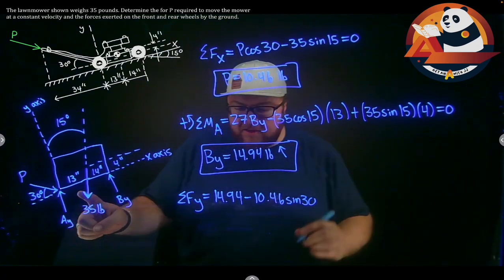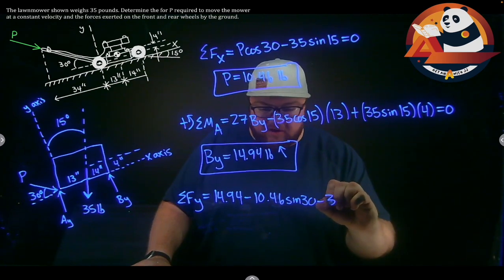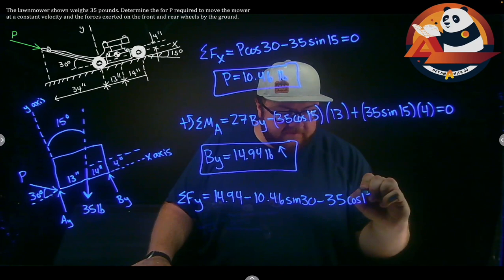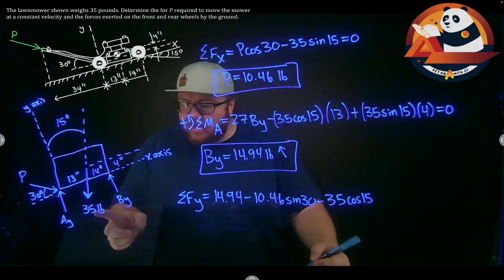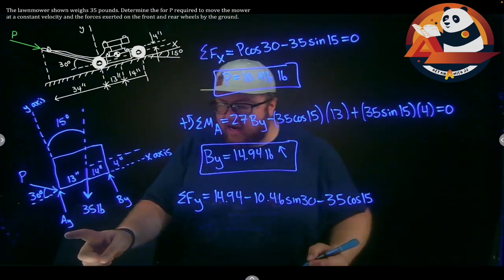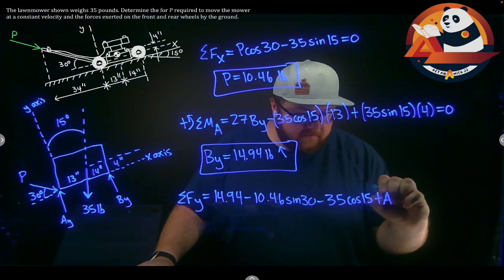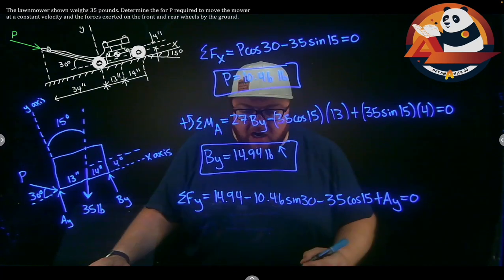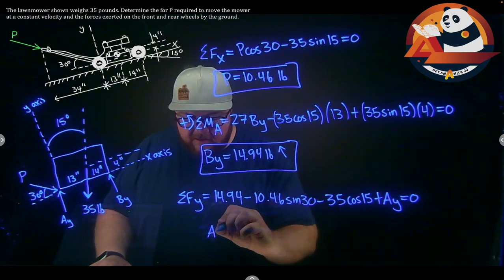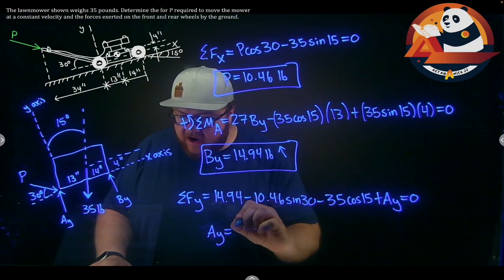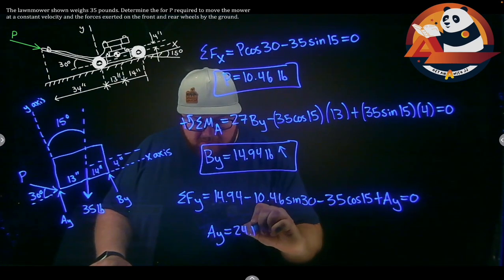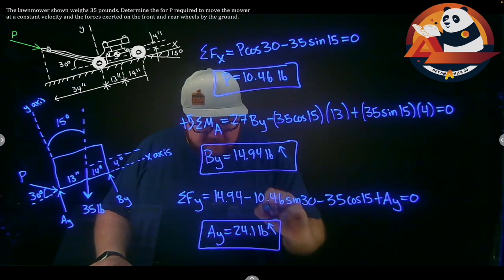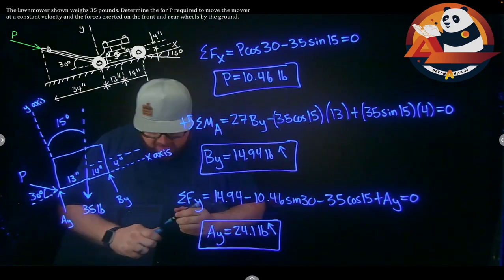I'll subtract off the Y component, so minus 35 cosine 15. And then finally, plus my last piece, I need to add in AY, equals 0. If I solve that for AY, I'm going to get here that AY is 24.1 pounds, and it's going up and to the left. Which would be our final answer for that problem.